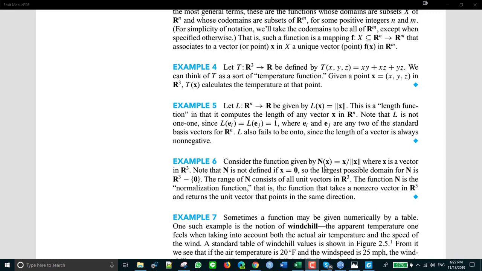Consider this function. So we put in x, and I guess this is where x is a vector in R3. We take x and divide it by its norm, or its magnitude. We saw this a little bit before, and hopefully you remember that this vector will be in the same direction as x, but will have unit length, or length 1.